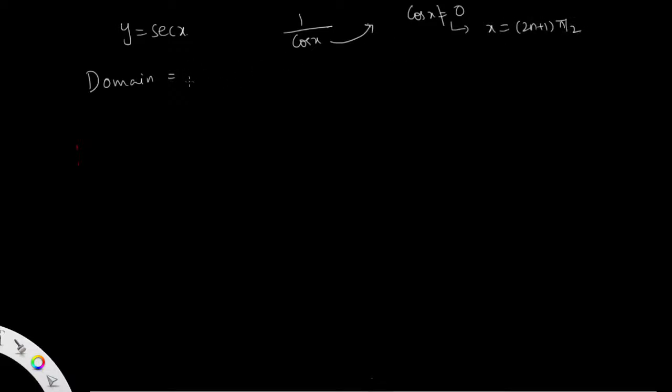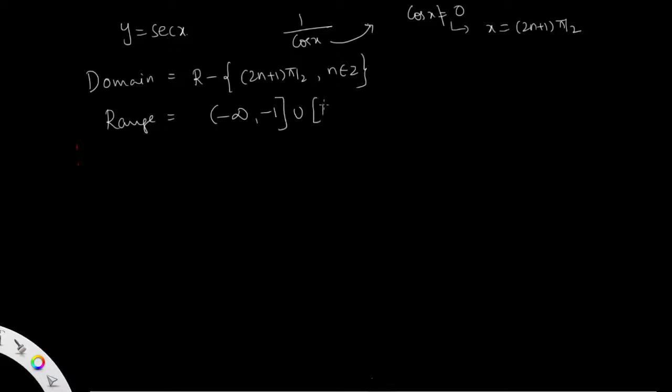So the domain is R minus 2n plus 1 into pi by 2, where n belongs to Z. And the range is minus infinity to minus 1 union 1 to infinity. It does not lie in the interval minus 1 to plus 1, so the values lie above 1 and below minus 1.